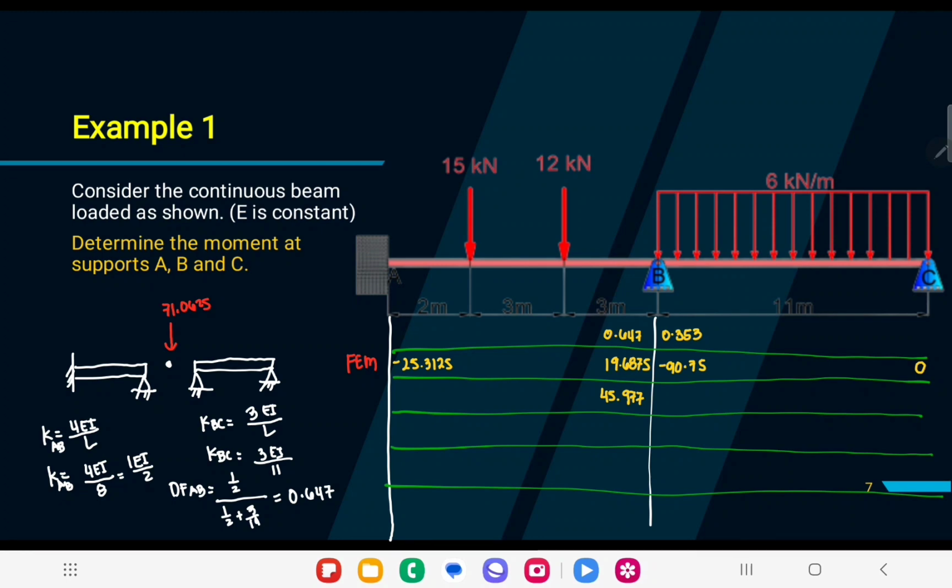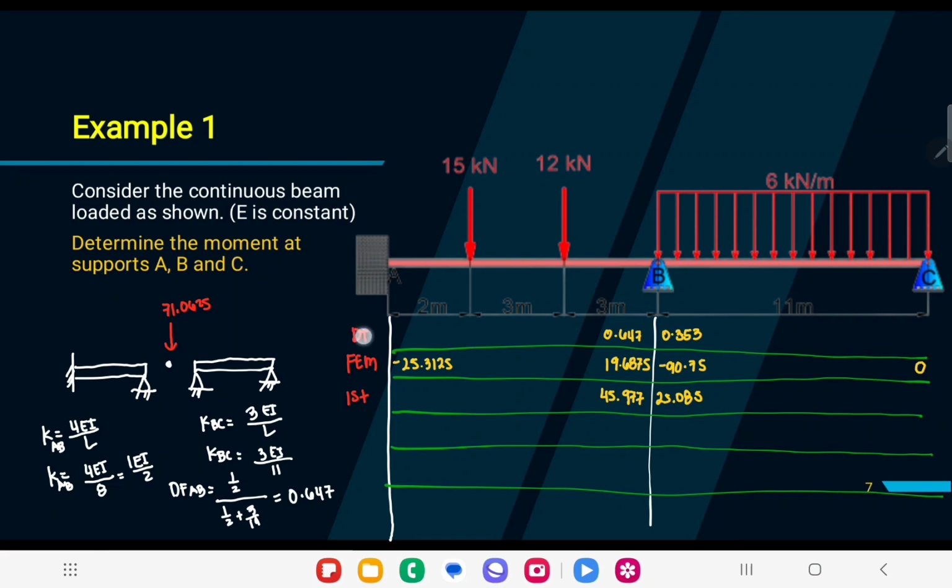And then, sa kaliwa naman is just yung unbalanced moment natin times kung ilan yung makukuha nung span BC natin. So, 71.0625 times 0.353 is equal to 25.085. Okay?